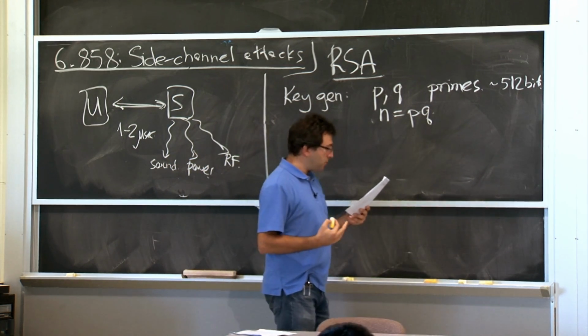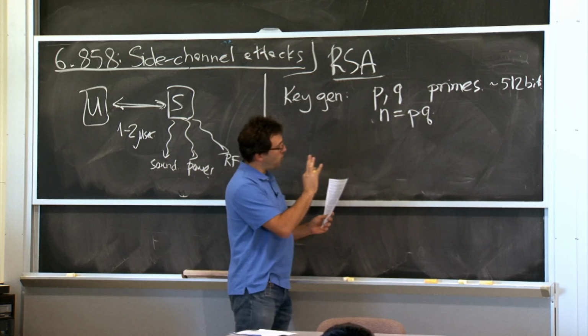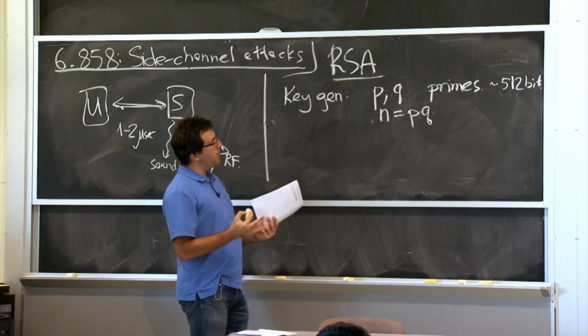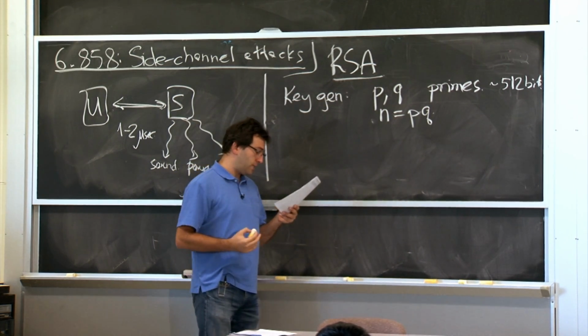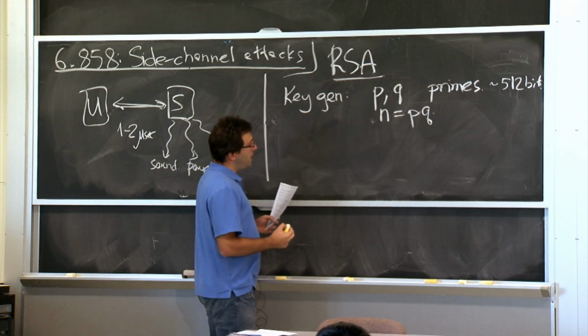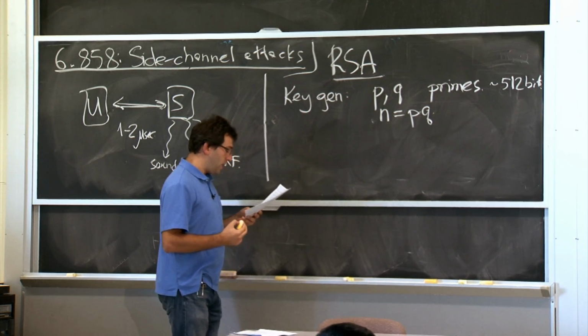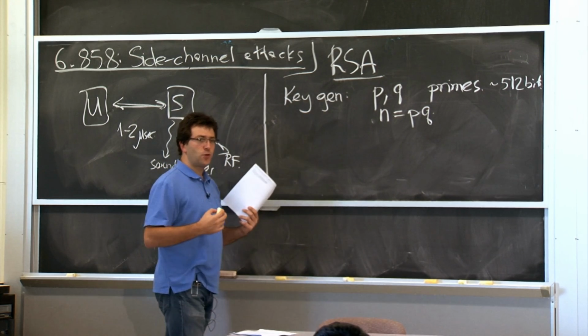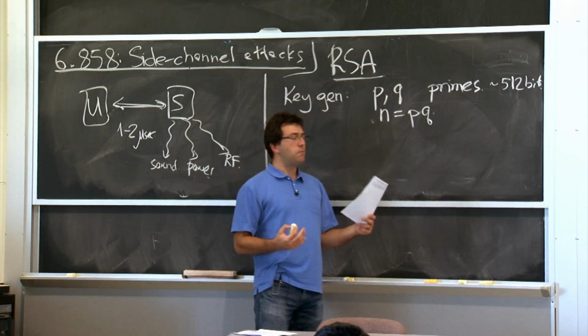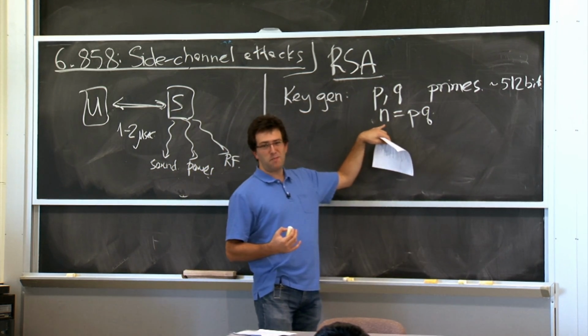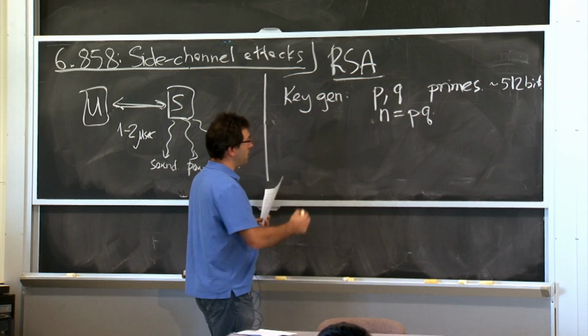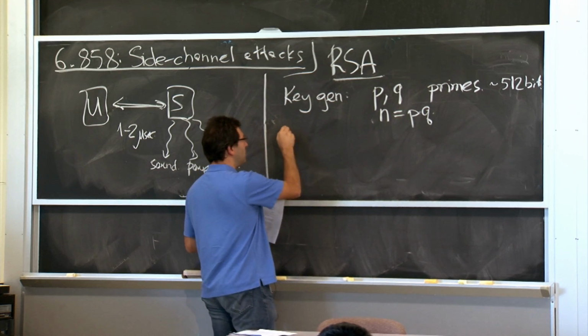All right, so now we know how to generate a key, or at least part of a key. Now we have to figure out how we're going to encrypt and decrypt messages. The way we're going to do that is by exponentiating numbers modulo this number n. It seems a little weird, but let's go with it for a second.